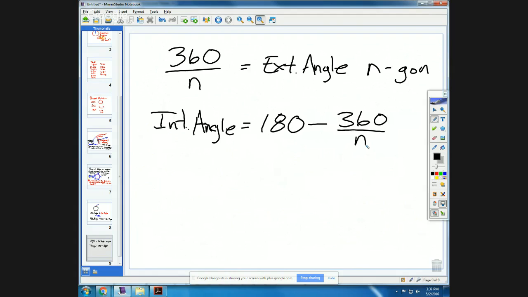Next, we were looking earlier for the sum of interior angles. And I should repeat something.